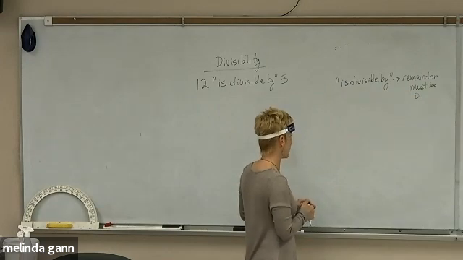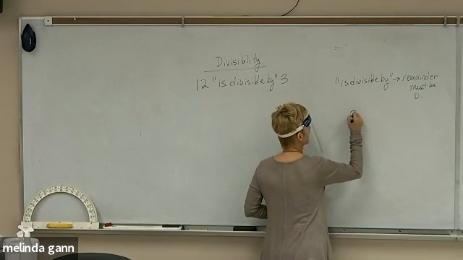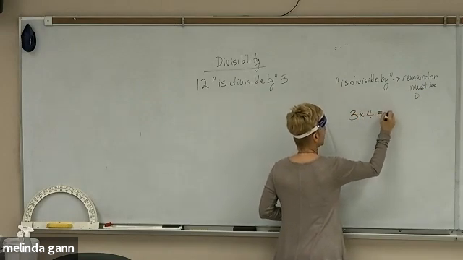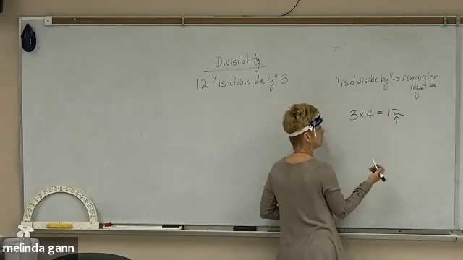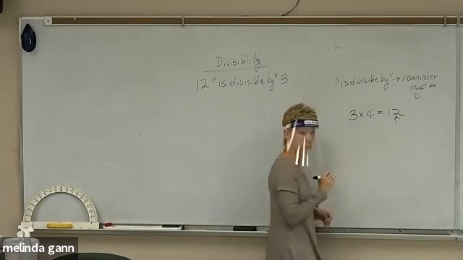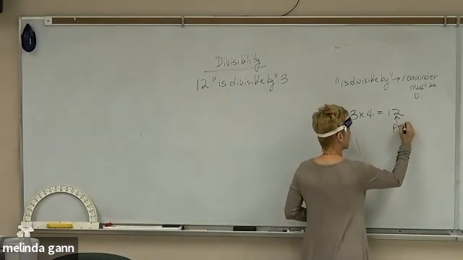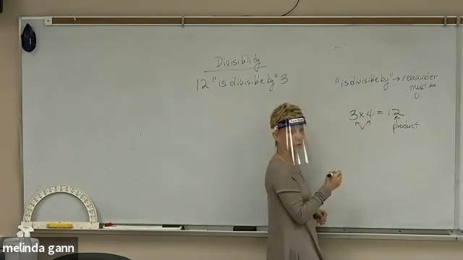Now, let's make sure we're clear about some things. We've said this before, but I don't know that I've actually written it down. When you say something like 3 times 4 equals 12, what's the answer called to a multiplication problem? Product. What are these numbers you're multiplying together called?